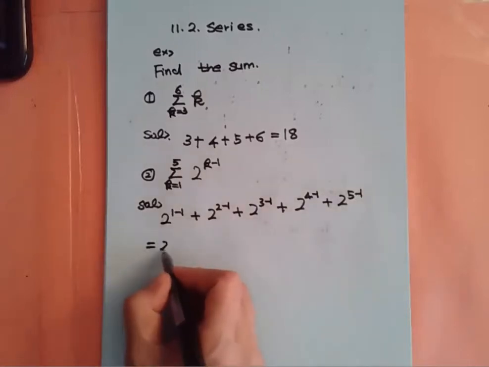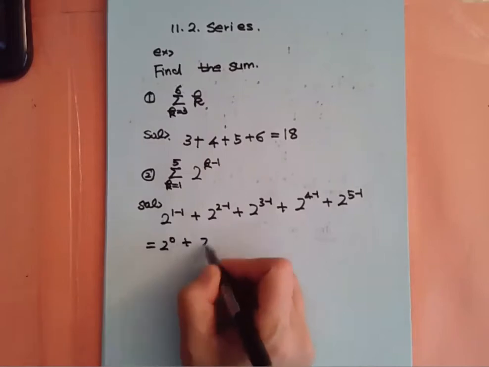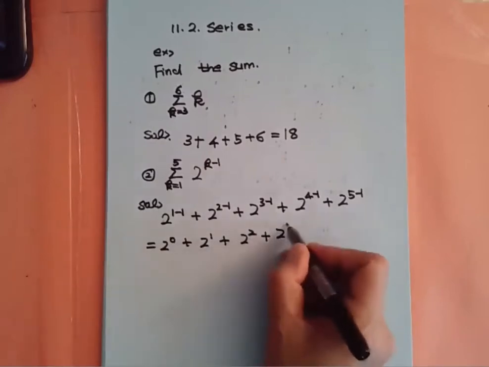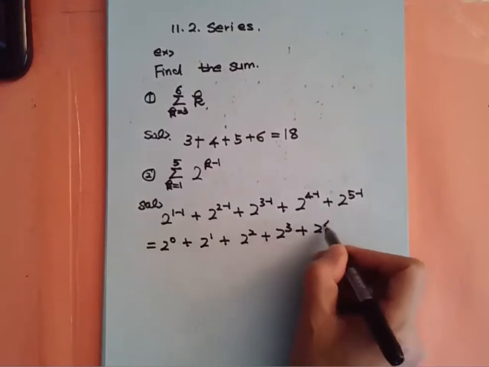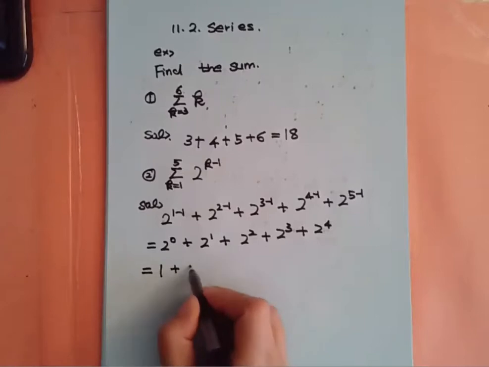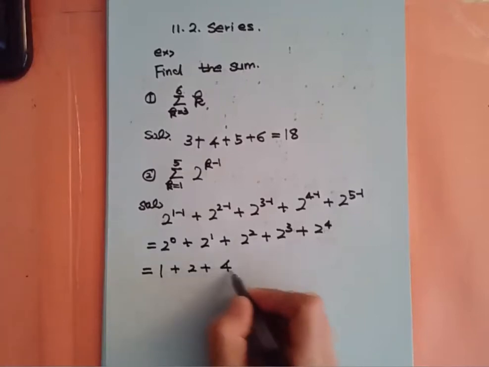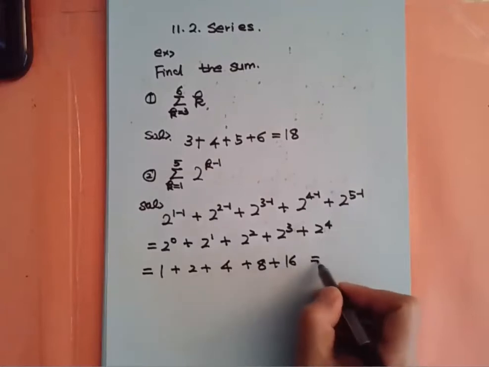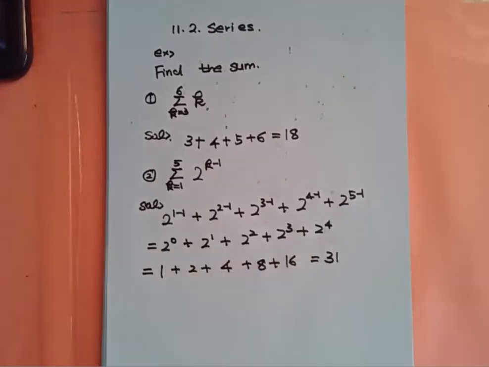So that is 2 to the 0 plus 2 to the 1 plus 2 squared plus 2 cubed plus 2 to the 4th power. So that is 1 plus 2 plus 4 plus 8 plus 16. So when we add them up, we get 31.